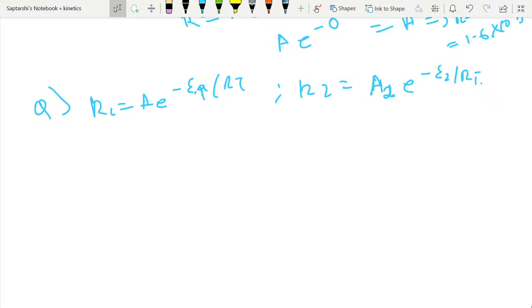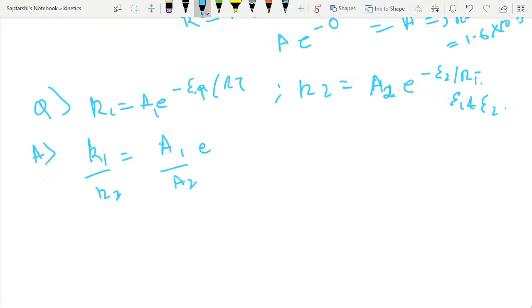Over here we have the question: find the relation between E1 and E2. What we do is K1 by K2. When we do this, we get A1 by A2, and e to the power minus E1 by e to the power minus E2.